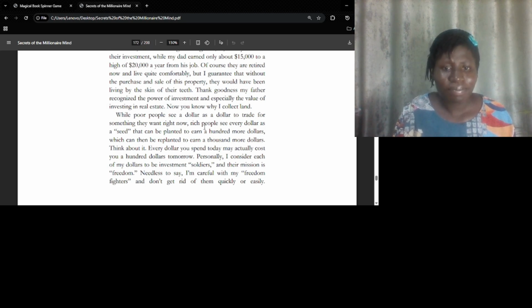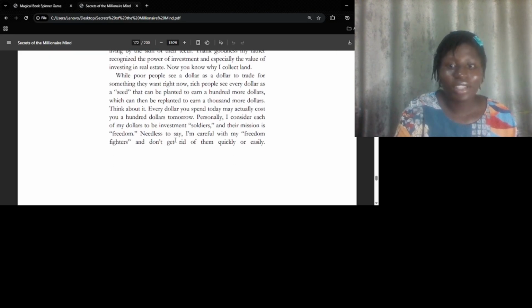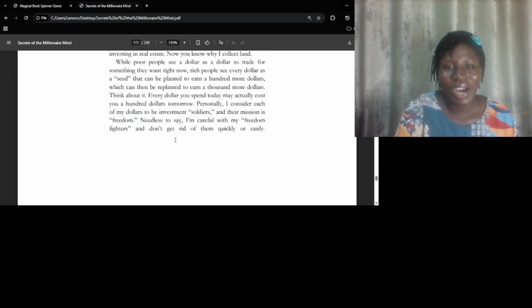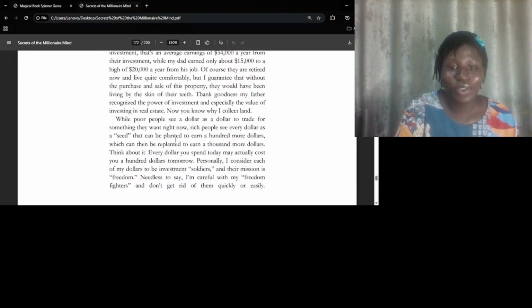Think about it. Every dollar you spend today may actually cost you $100 tomorrow. Personally, I consider each of my dollars to be investment soldiers, and their mission is freedom. I like this. Needless to say, I'm careful with my freedom fighters and don't get rid of them quickly or easily." Wow, I like page 164.